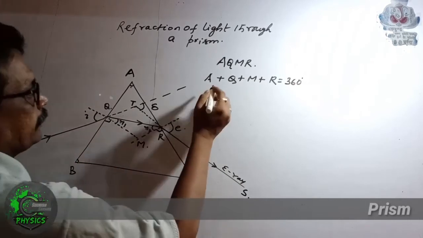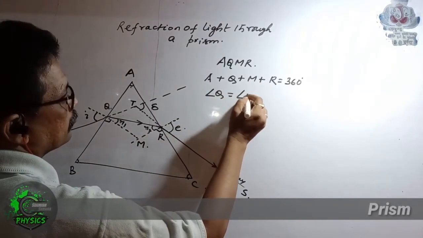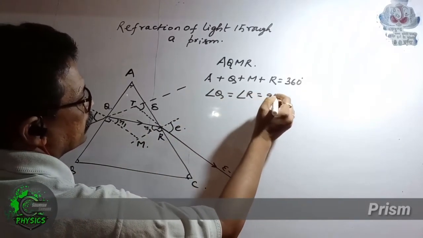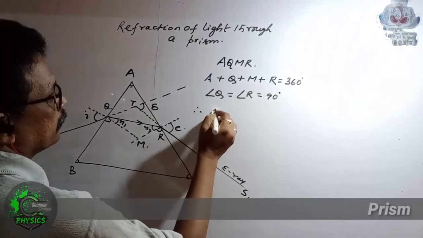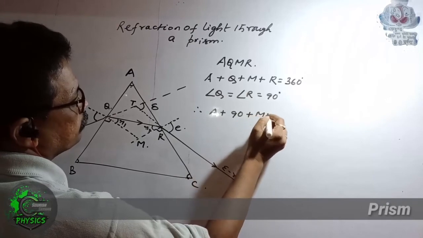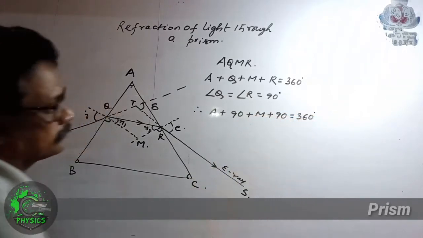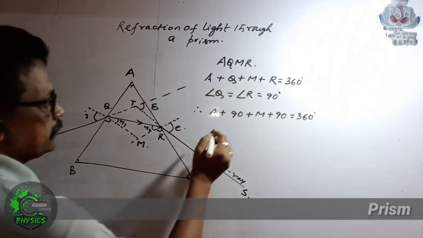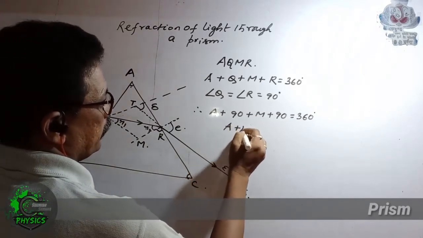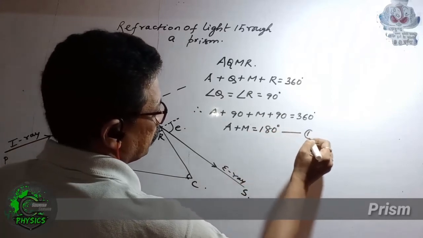Now angle Q and angle R are both 90 degrees, therefore A plus 90 plus M plus 90 equals 360 degrees. So the result is A plus M equal to 180 degrees. This is equation 1.